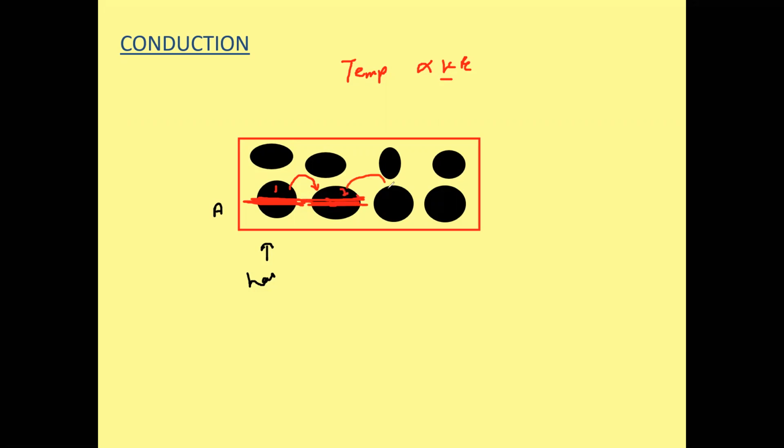Then particle 2 collides with particle 3 and that also causes vibration. Then particle 3 collides with particle 4 and it also causes vibration. So the particles are not actually moving from one place to another, but the energy transfers from particle 1 to particle 4. This method of energy transfer which happens in solids, we call conduction.